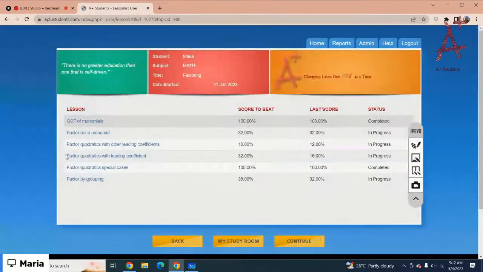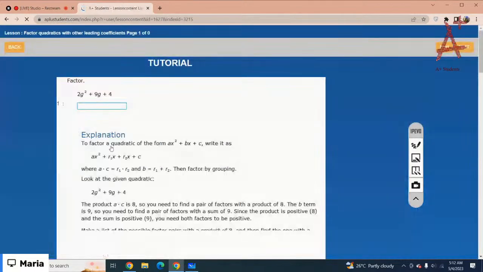And the next lesson is factor quadratics with other leading coefficients. So let's just start with the lesson. So you have 2g square plus 9g plus 4.